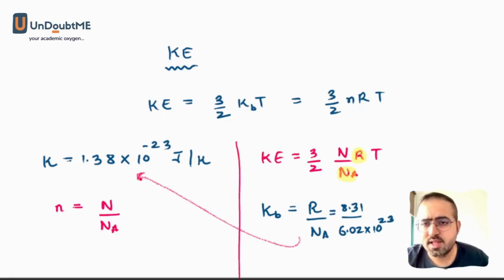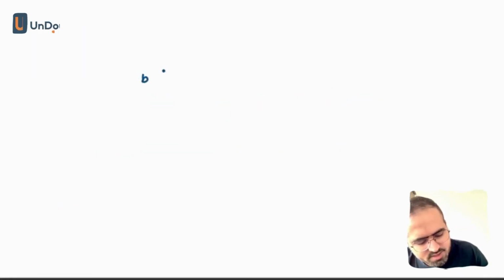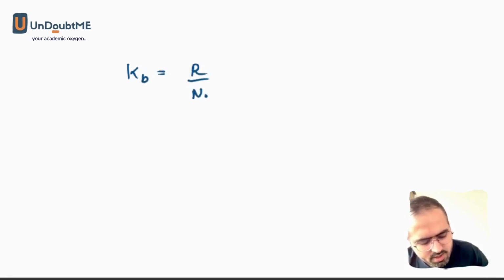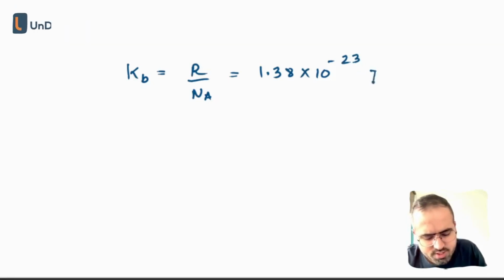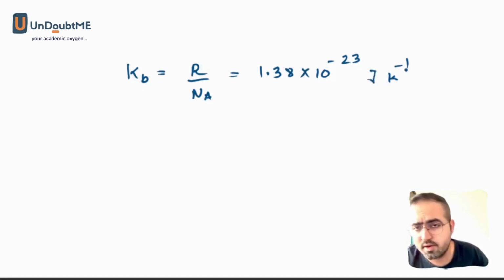So this is how we got the value of the Boltzmann constant, and in doing that we have understood a formula for it: R over Na. For questions we need not calculate this, because mostly it will be given as 1.38 times 10 to the power minus 23, so we need not even remember this value. But just for knowledge, we should understand how we got it. I hope that this part is clear.